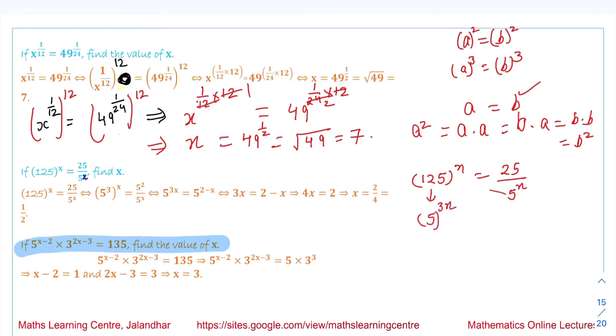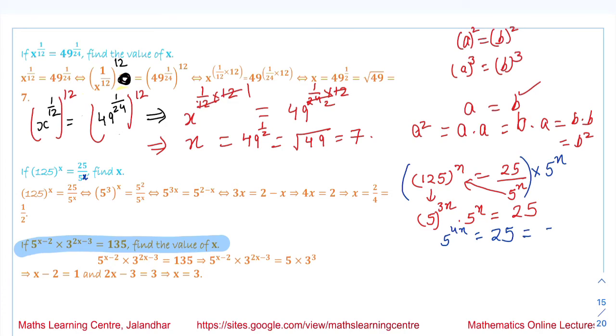If I send this term to this side, it is 5 raised to the power 3x into 5 raised to the power x is equal to 25. Sending this term to this side means I am multiplying the whole equation on both sides with 5 raised to the power x. So this becomes 5 raised to the power 4x, which is equal to 25.